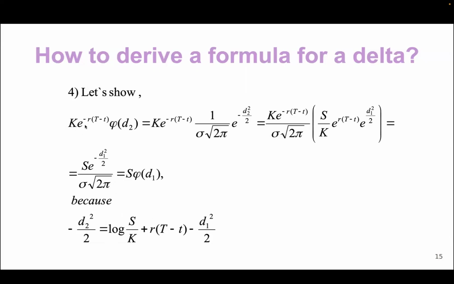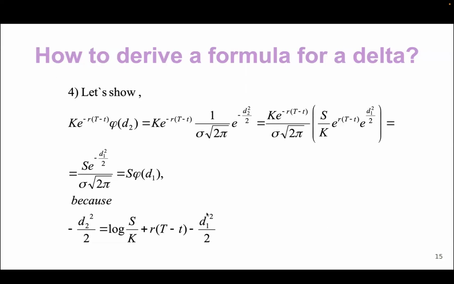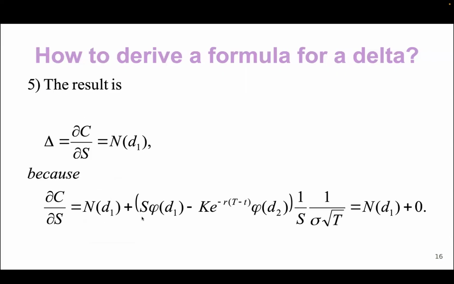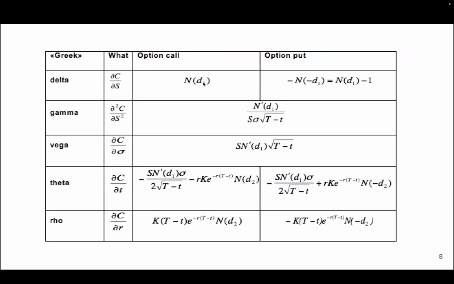So k multiplied by e to the power of minus rT times phi from d2 is like S phi from d1. So the expression in the bracket is 0, yes? So we have that these derivatives are just N from d1. And it is the result from this table, N from d1, okay?